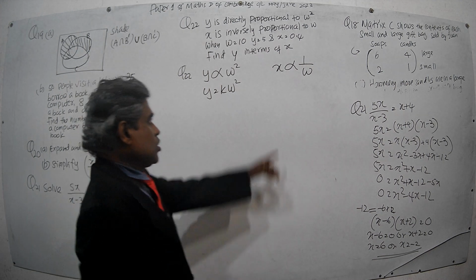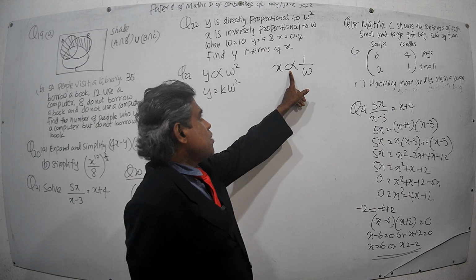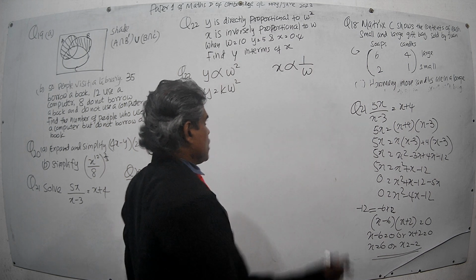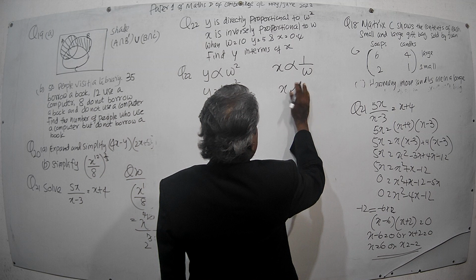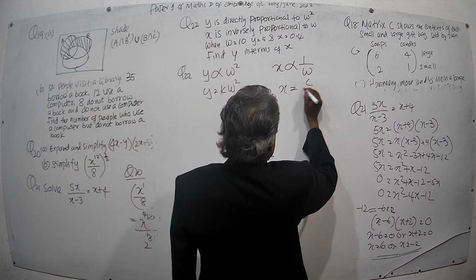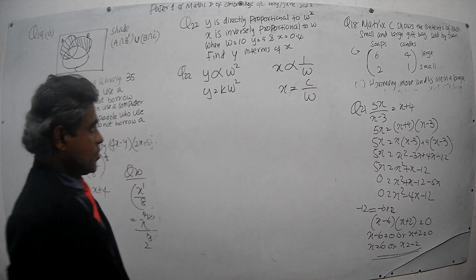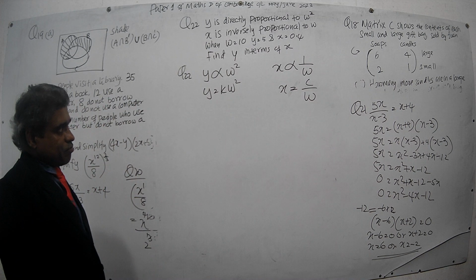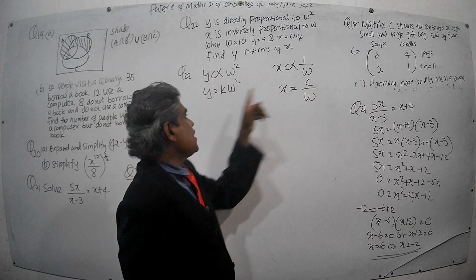This proportion can also be converted into an equation by multiplying by a constant. We will take that constant as c. So x equals c over w. We multiply this side by constant c. Then we want to find these two constants k and c.